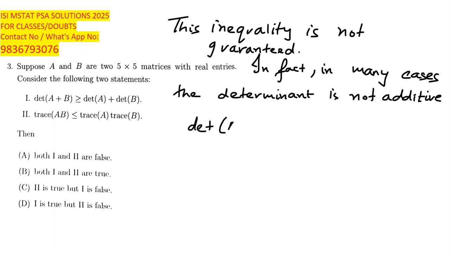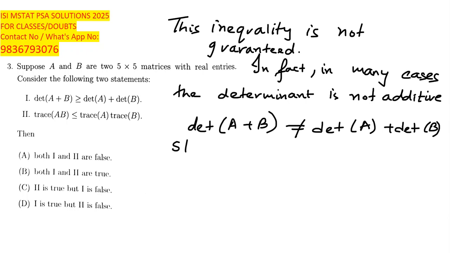So the determinant of A plus B is not equal to the determinant of A plus the determinant of B. So we can conclude that statement 1 is false.